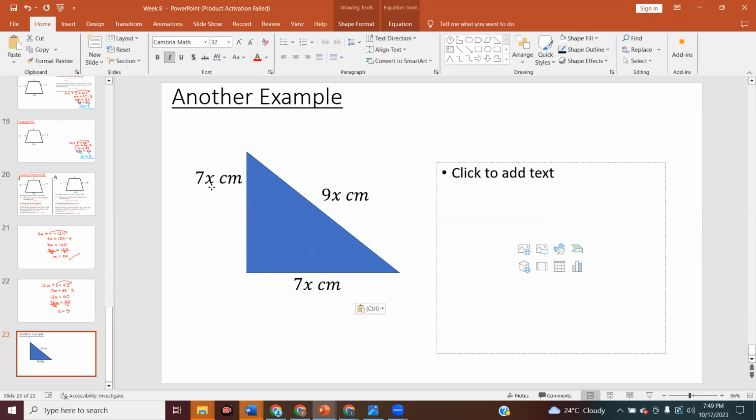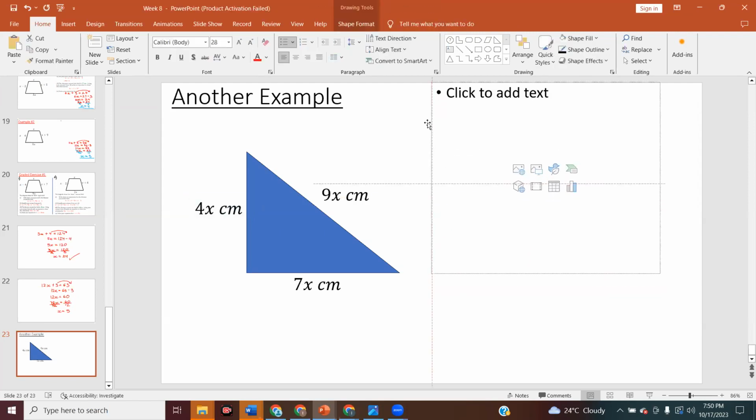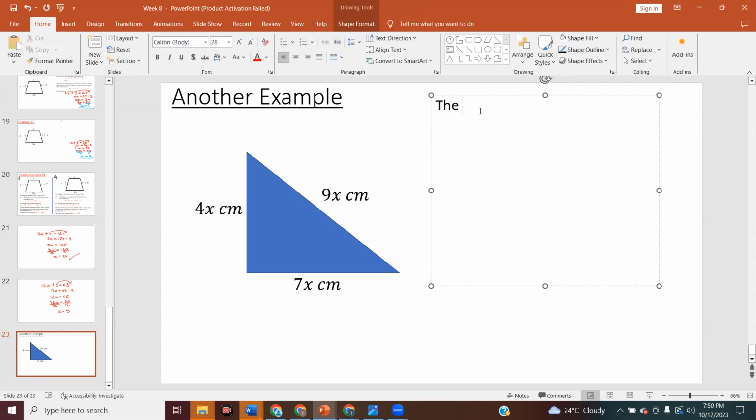And let's say that this side is 4x. Okay, and let's say that they say that the perimeter of this shape is 60. Find the value of x.